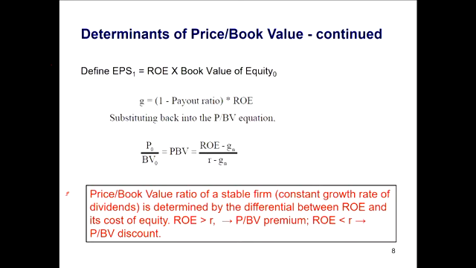If the return on equity exceeds the cost of equity, you're going to see a premium in price to book value. And if the company is really struggling to have a return on equity similar to the required return on equity, you will probably have a price to book value of 1 or below 1, a discount.